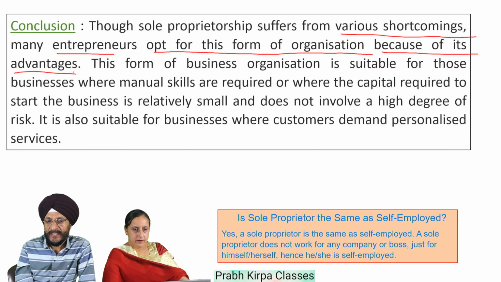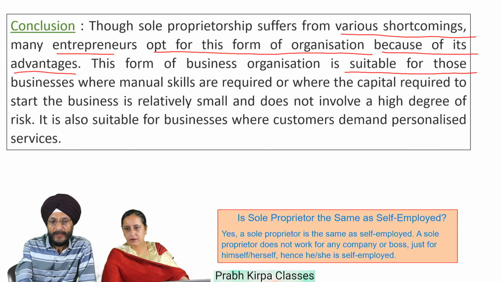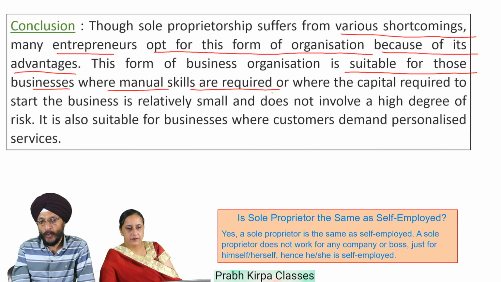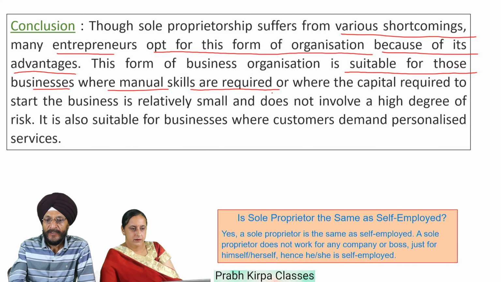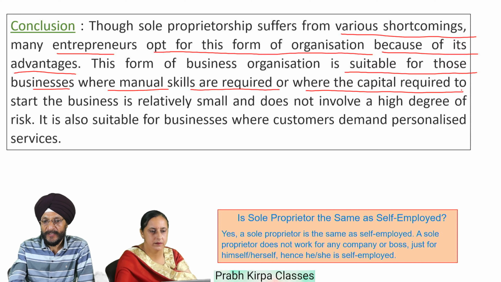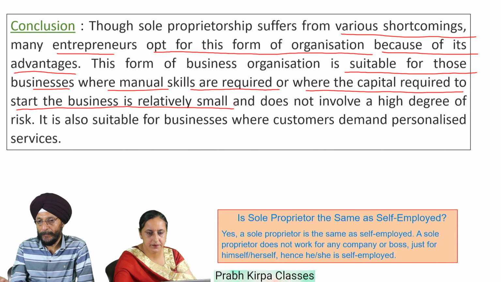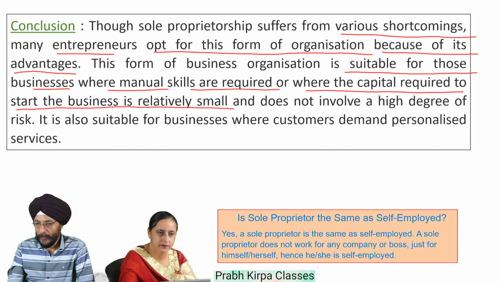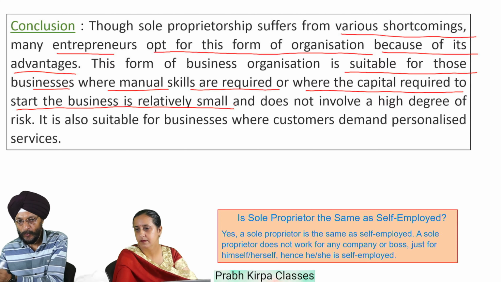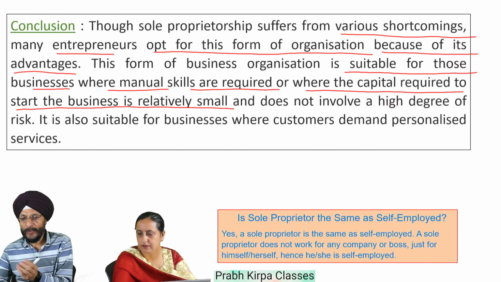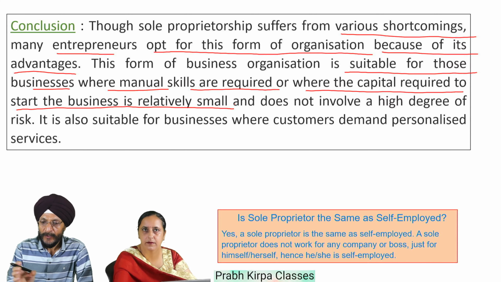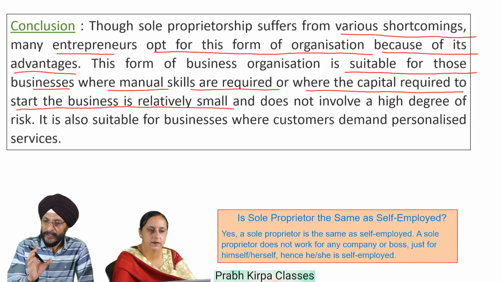This form of business organization is particularly suitable for those businesses where manual skills are required or where the capital required to start the business is relatively small. For example, if we start a Kirana shop or a beauty parlor in our neighborhood, then it does not require a lot of capital. We have to employ only minimum capital.